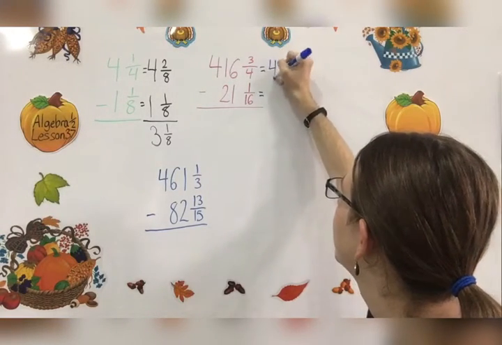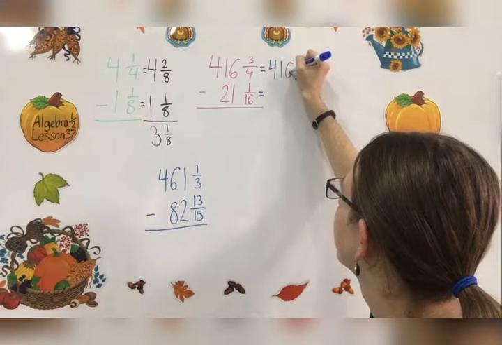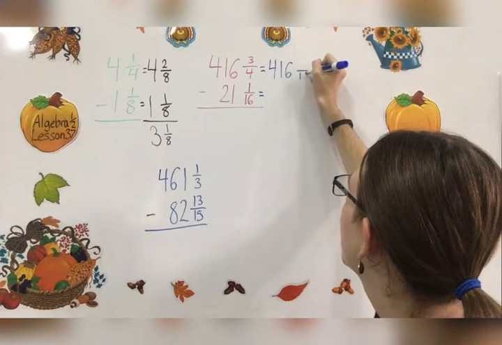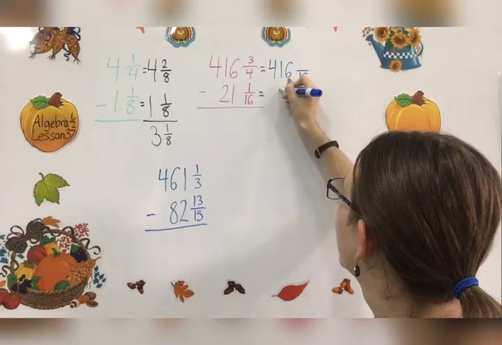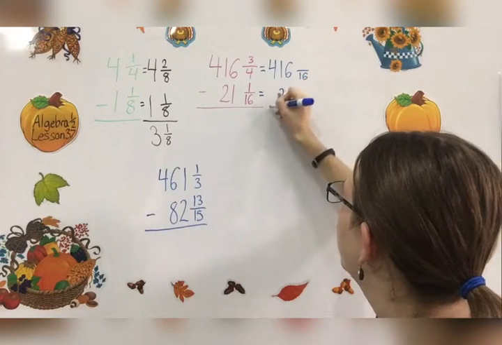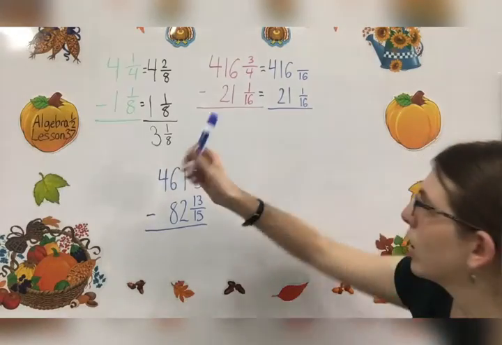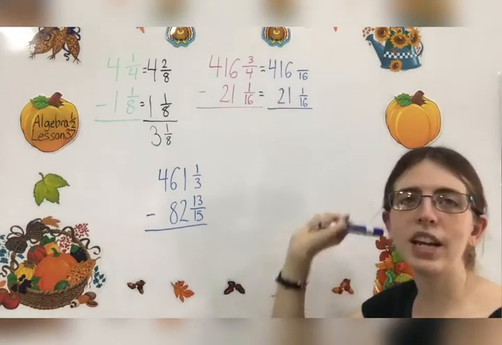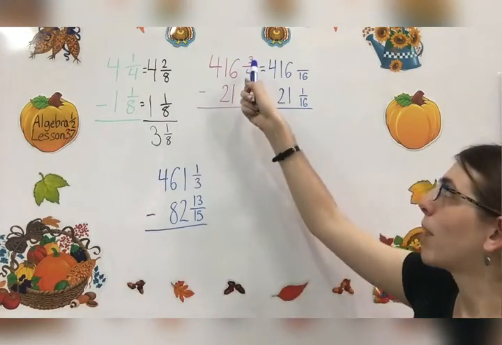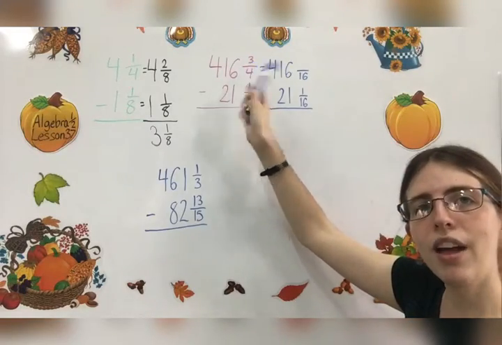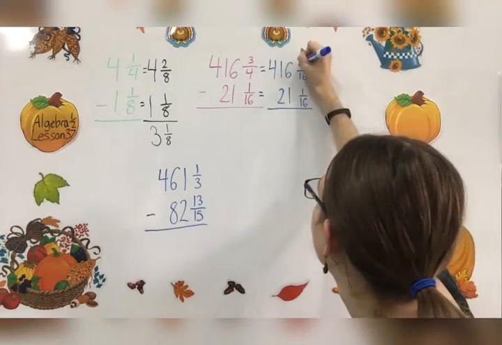So this becomes 416 and a new denominator of 16 and 21 with 1/16 still. So 4 times 4 equals 16. That means I need to multiply my old numerator by 4 as well. 3 times 4 is 12.